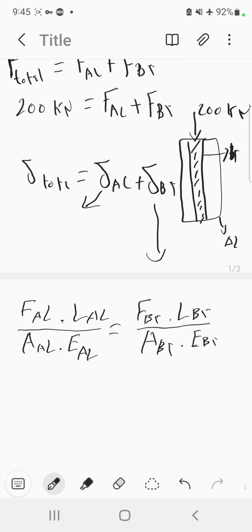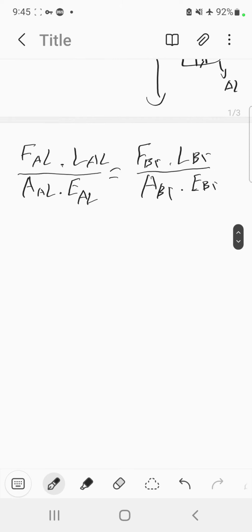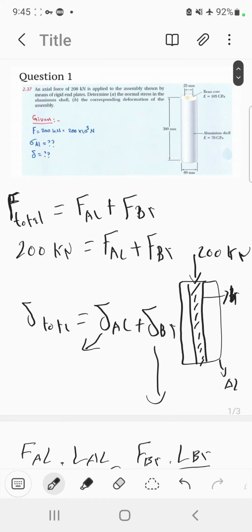So now let's write our values. We have to find FAL, the force in the aluminum, and the force in the brass. We don't know them, but we do have the length, and we need to get the area. The E is already given: for brass E is 105 gigapascal, and for aluminum E is 70 gigapascal.